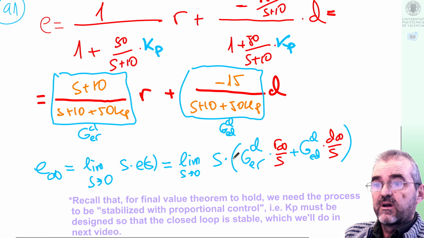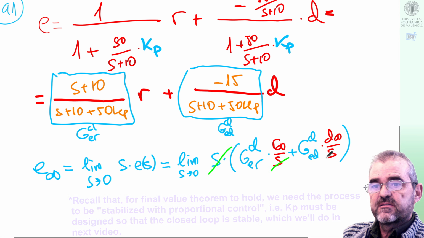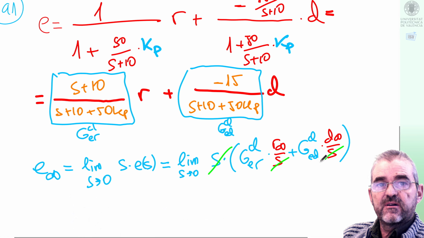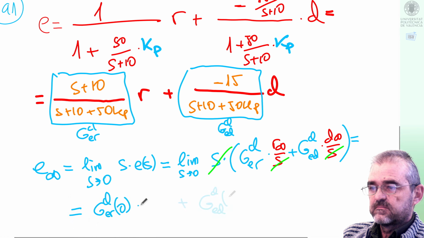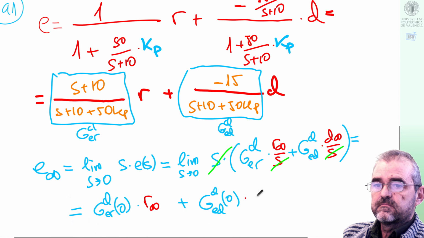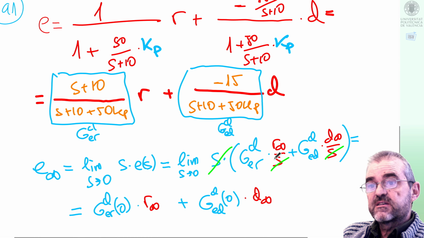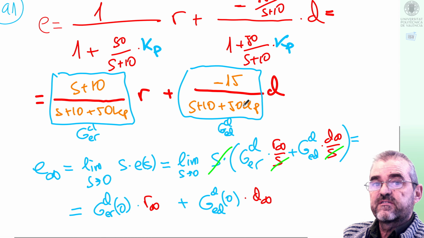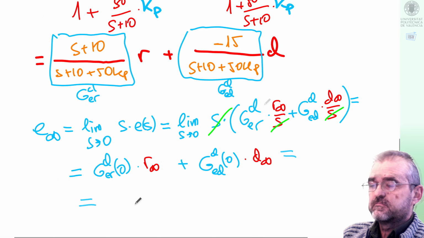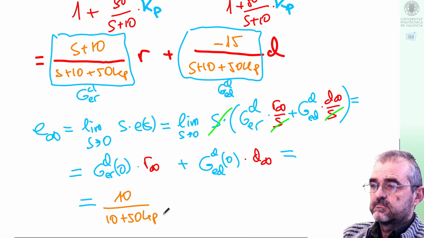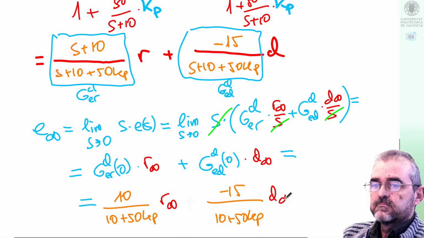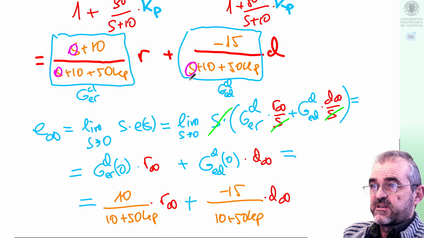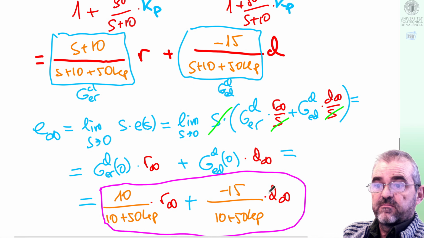So now I realize that I can simplify S up and down. So the result will be just replacing s by 0 in these closed loop transfer functions. So if I replace that times 0, this is the final result being asked.